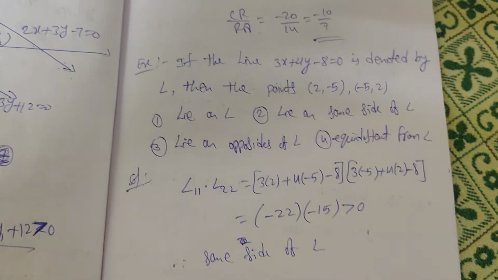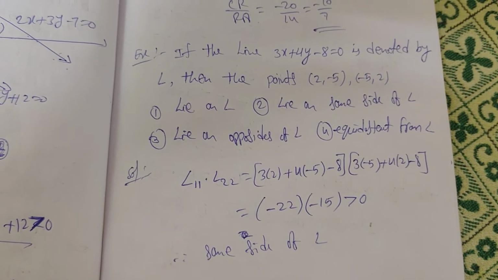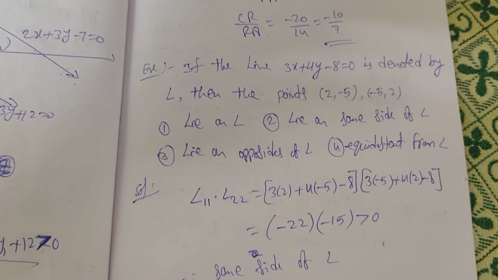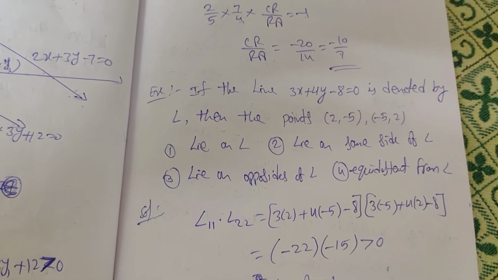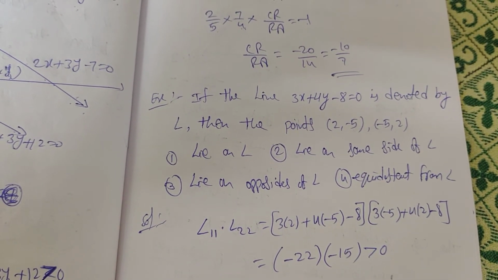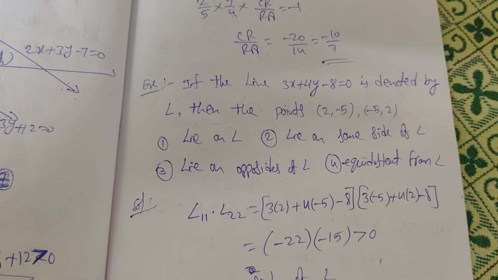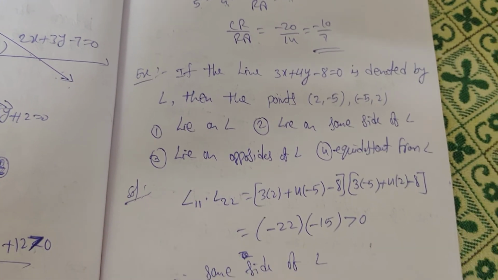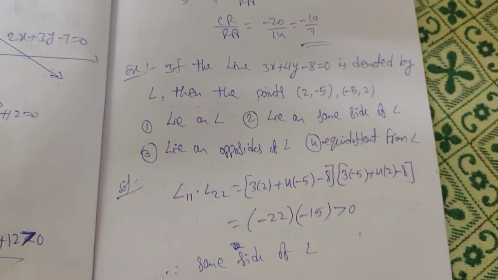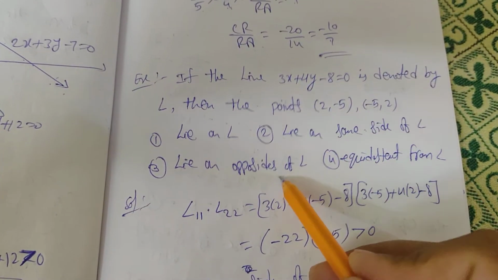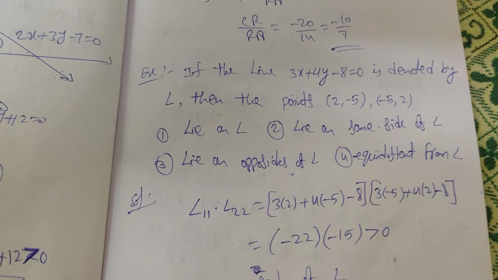Next question is, if the line 3x plus 4y minus 8 is equal to 0 is denoted by L, then the points 2 comma minus 5 and minus 5 comma 2: lie on L, lie on the same side of L, lie on opposite sides of L, or are equidistant from L. If you observe these conditions, you go for L1 and L2.